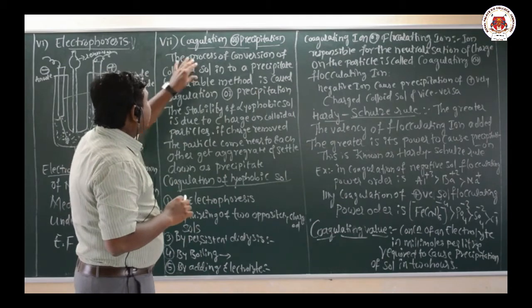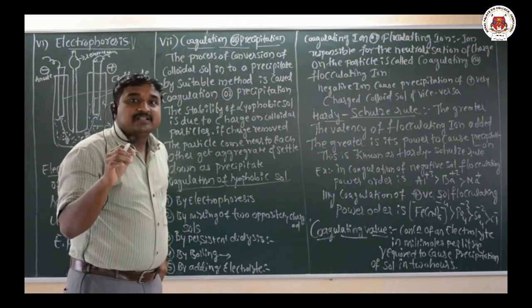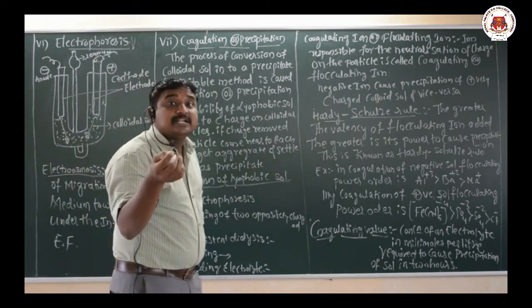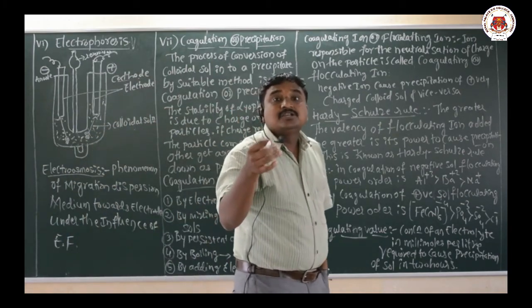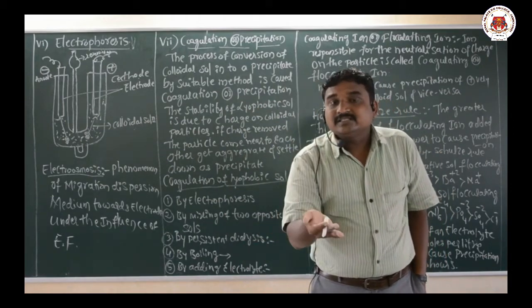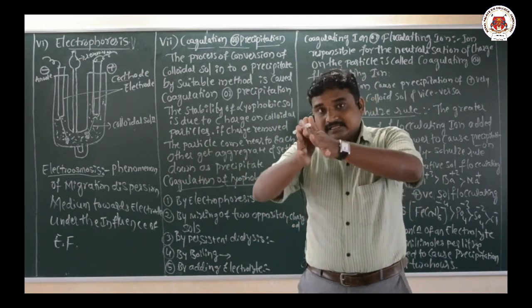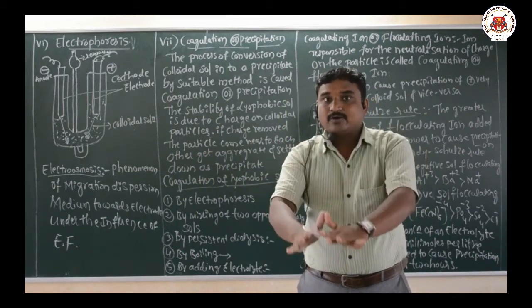Already we know that as long as the charges are present on the colloidal particle, it is stable. When we remove the charges, it becomes unstable, aggregates, and the colloidal particles settle down.